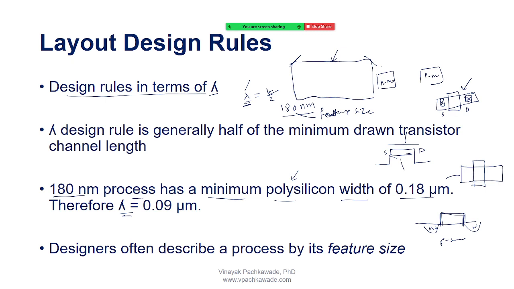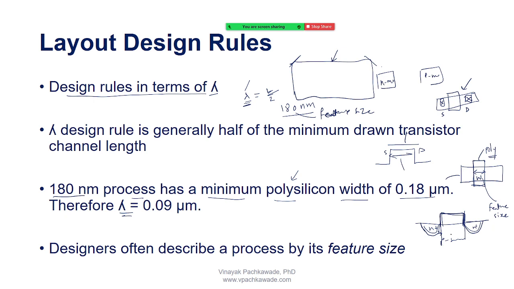And then on the top view, this is the poly. This is the minimum width, and that will define the feature size of the transistor. Or let's say the feature size of the transistor will define the minimum poly width. So when I fabricate the polysilicon on the P substrate, that essentially sets the channel length without fail, and that also indicates the minimum distance between source and drain.